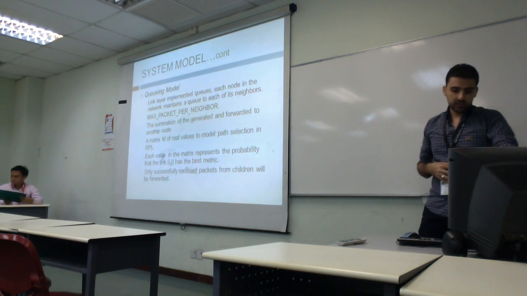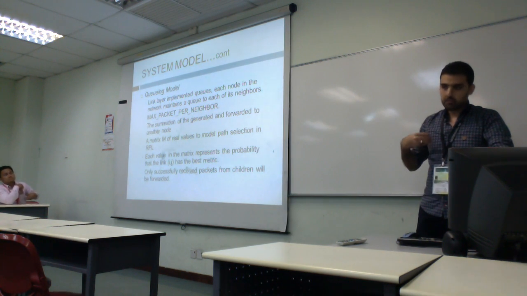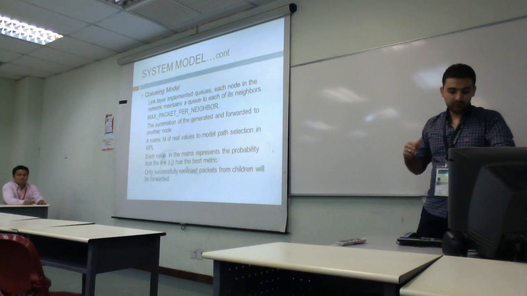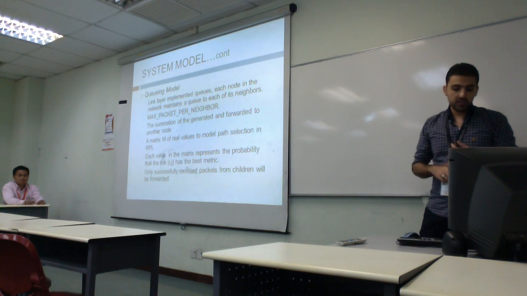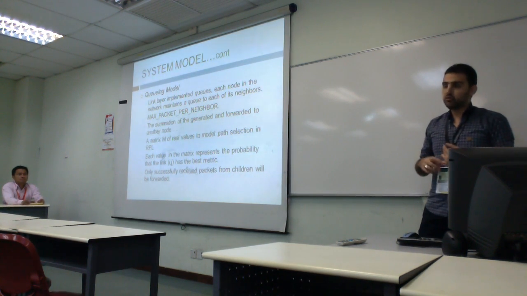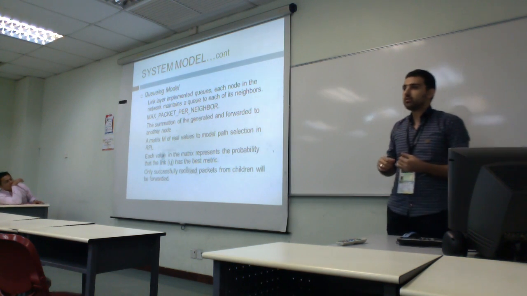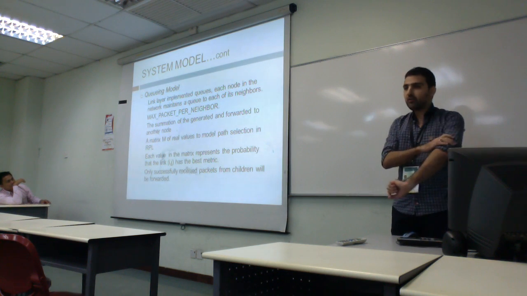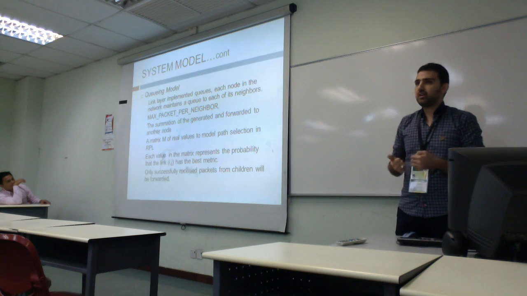So we have to model our system using a new matrix called T_ij, which is equal to the values of the matrix M divided by the ETX, where ETX is the inverse of the reliability.